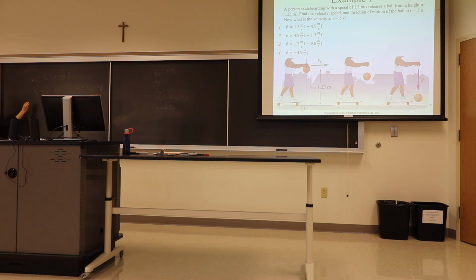So the velocity in x stays constant the whole time because there are no forces acting on it. Now for this one, when we plug it in, we have a 0 for v0y, so this guy is 0. Then we have minus g, and we plug in our 0.5 seconds. So the y component of the velocity is minus 9.81 meters per second squared times half a second.